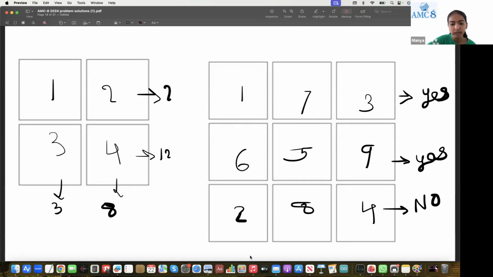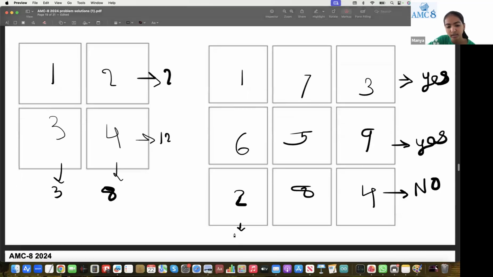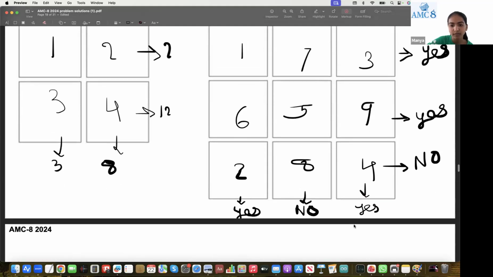How about this column? Yes, because it contains the number 6. This one, no, because it does not contain any multiples of 3. And this one, yes, because it contains 3 and 9. So this is what we have so far.